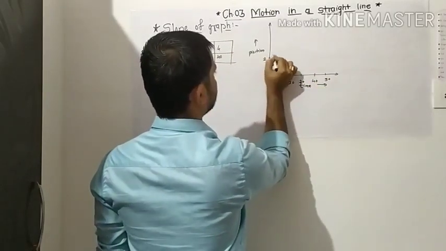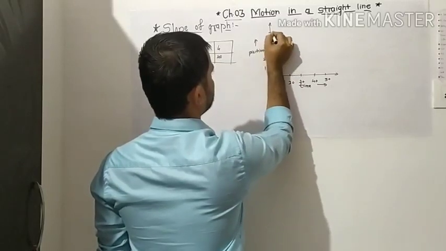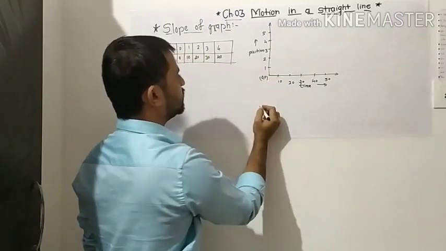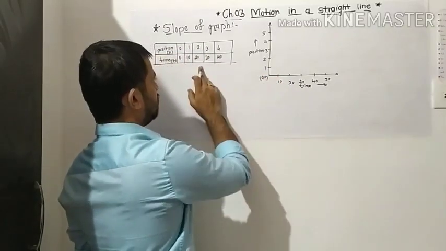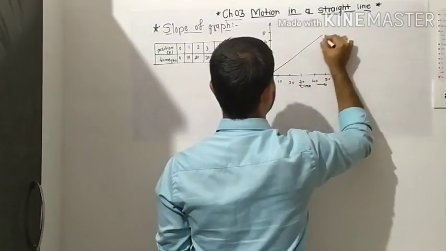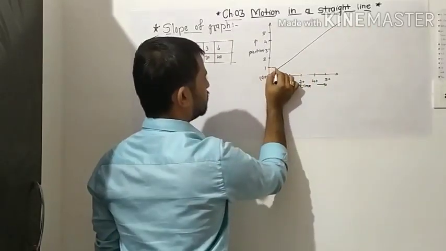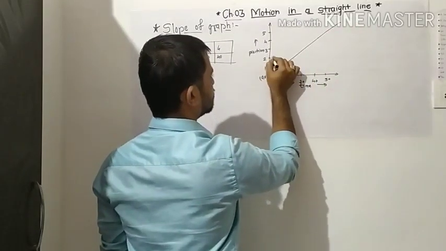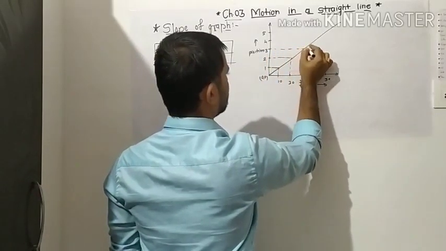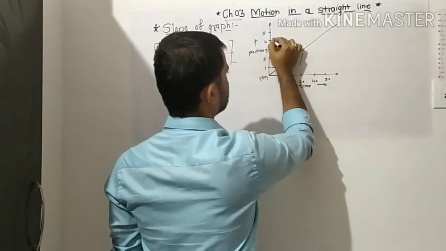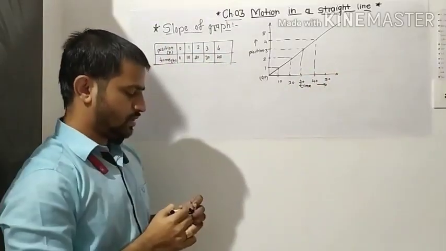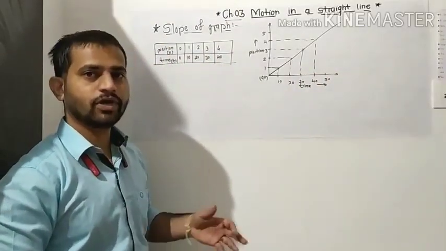This will be the origin, 0, 0, and if we draw these points, we come to know that it is one inclined line. 1 and 10 get attached here, then 2 and 20, 3 and 30, 4 and 40. It will be one straight line.